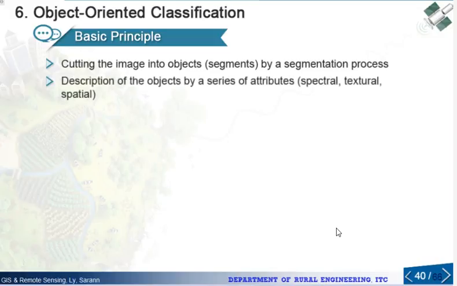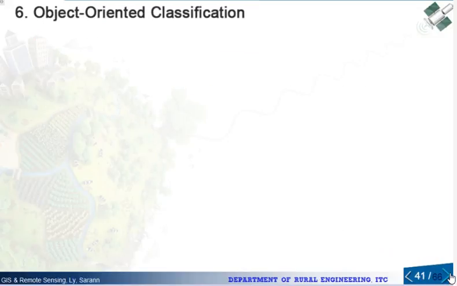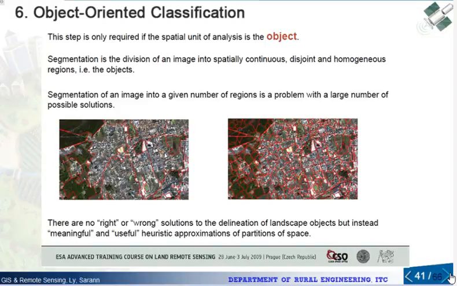Then it can describe the objects by a series of attributes in terms of spectral, textural, or spatial properties, and then we can classify the objects. This step is only required if the spatial unit of analysis is the object.